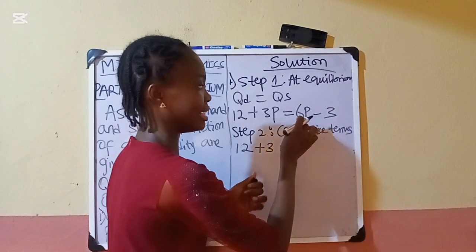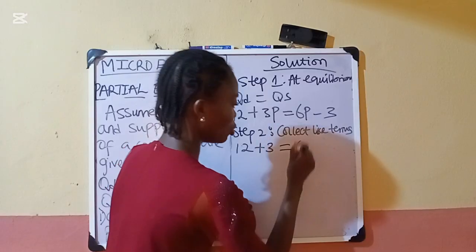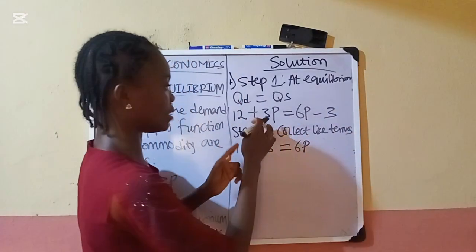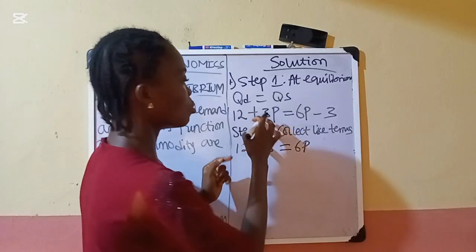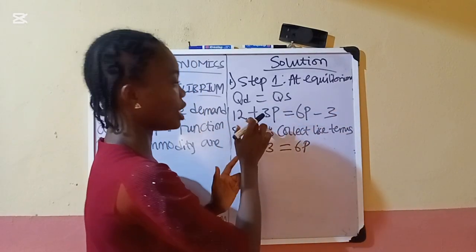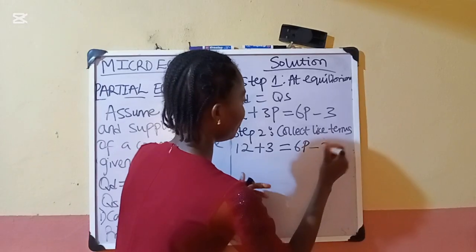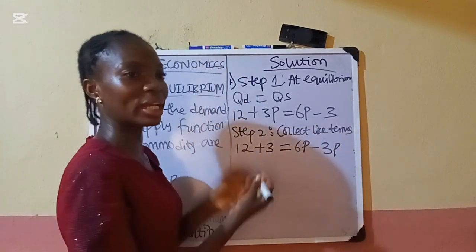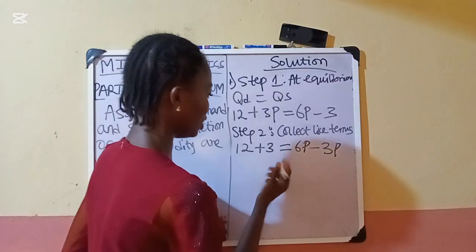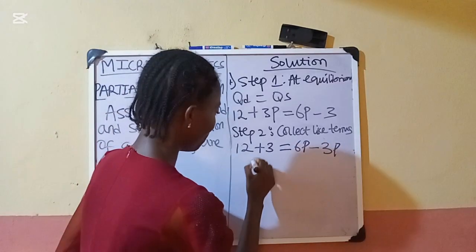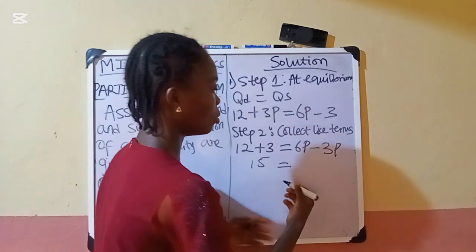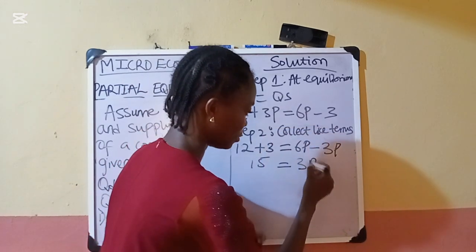So this is already staying at the main position, so you bring it down. Now, moving this 3p over to the other side, remember, it has a positive sign attached to it. So moving it here, due to the presence of this equality sign, it will change to negative 3p. So looking at what we have here, you simplify. 12 plus 3 will give us 15 equals 6p minus 3p, which will give us 3p.